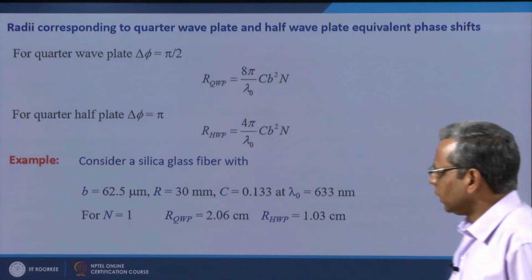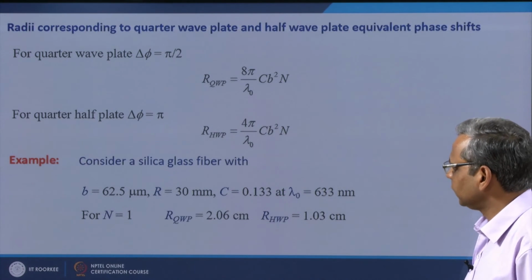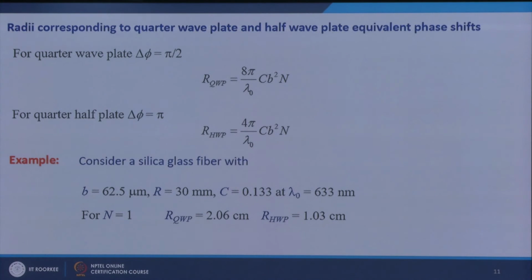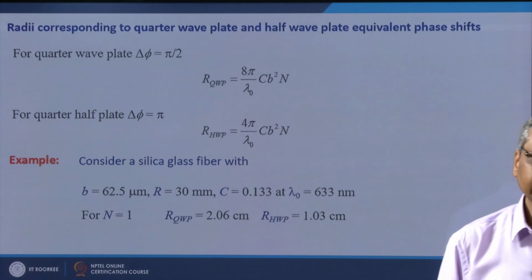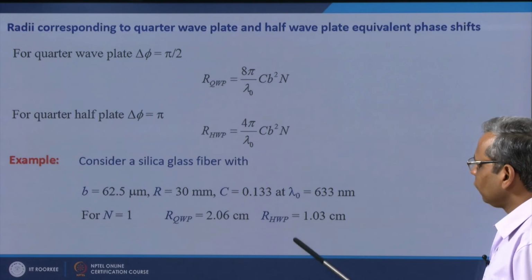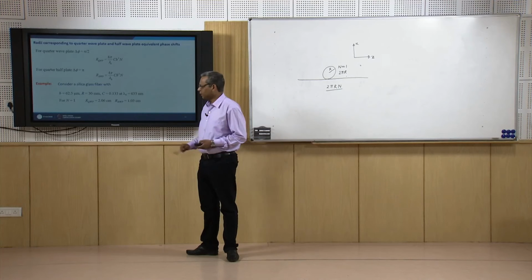Then for n is equal to 1, the radius of quarter wave plate would be about 2 centimeter. Okay. Radius of the loop corresponding to quarter wave plate is about 2 centimeter, and the radius of the loop corresponding to half wave plate is about 1 centimeter.